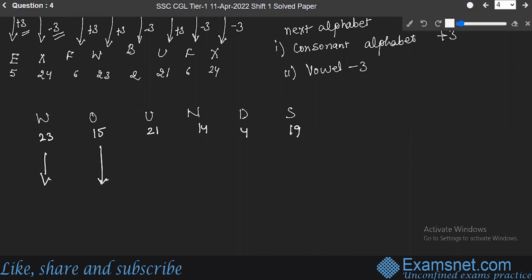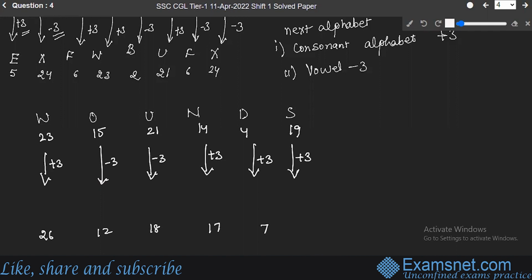Right? Let's make the arrows. So W is at the 23 number. This is a consonant. I'll add 3. Vowel minus 3. Vowel minus 3. Consonant plus 3, plus 3, plus 3. So this will be alphabet number 26, then 12, then 18, 17, 7, and 22.